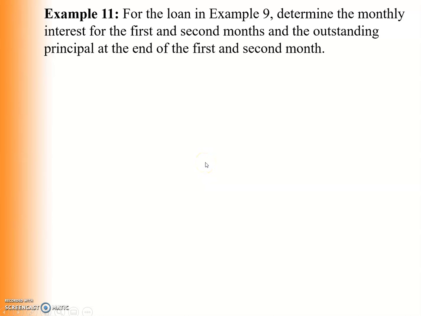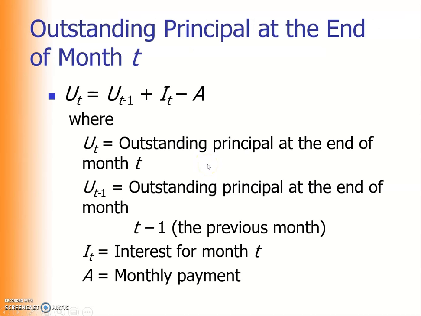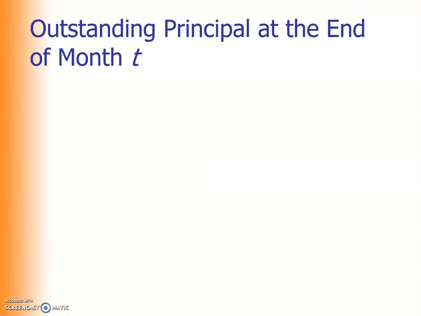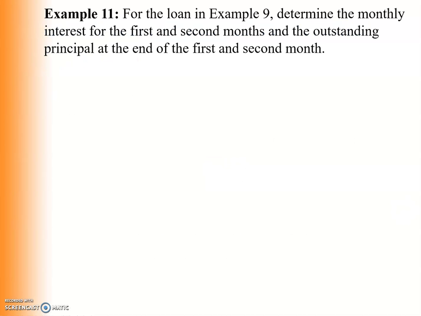So let's apply these formulas to this example, which is example 11. For the loan in example 9, remember that the loan was for an amount of $150,000. Determine the monthly interest for the first and second months and the outstanding principal at the end of the first and second month.